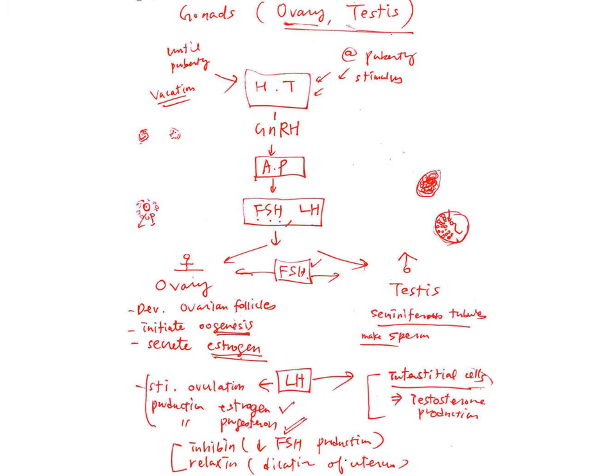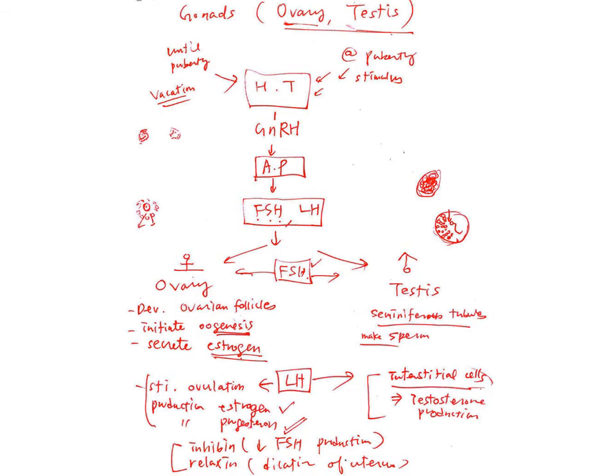In the case of female, it goes to the ovary, and FSH will make those follicles get bigger every 28 days. So it initiates oogenesis, and it also secretes estrogen as the eggs get bigger. And in the case of male, it targets the testis, where the receptor is situated in the seminiferous tubules, where it triggers sperm production.